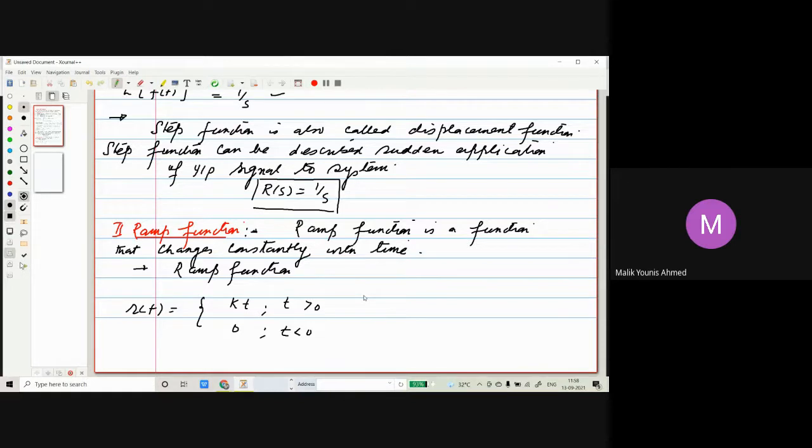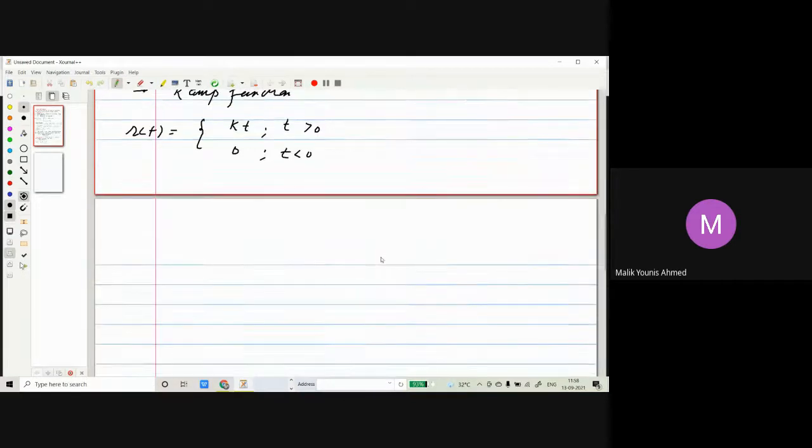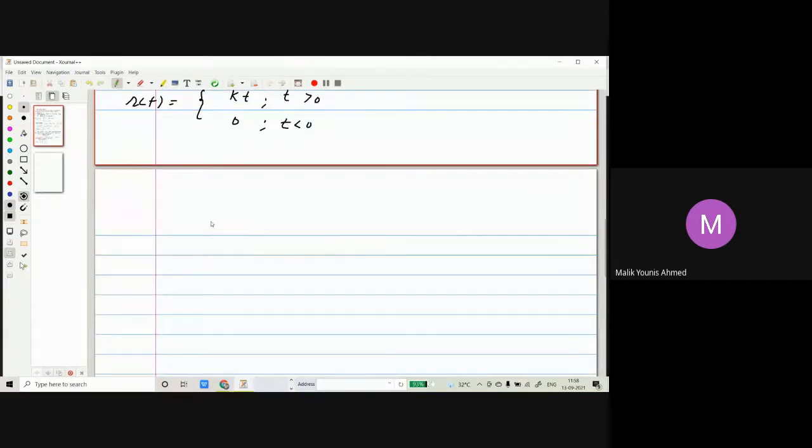Now, how can we draw the ramp function? You can draw it like this. This is the ramp function against time t.